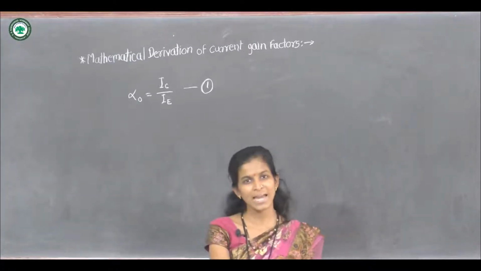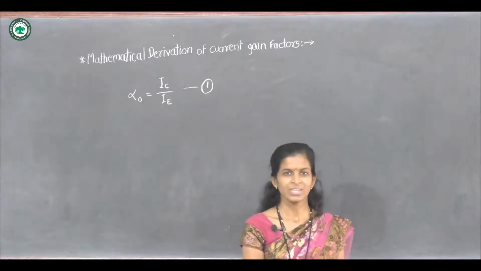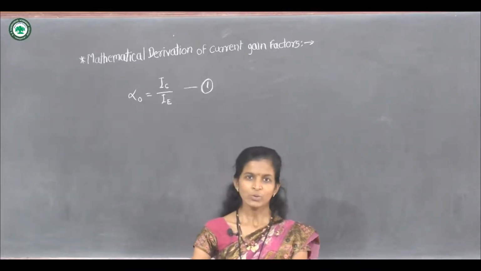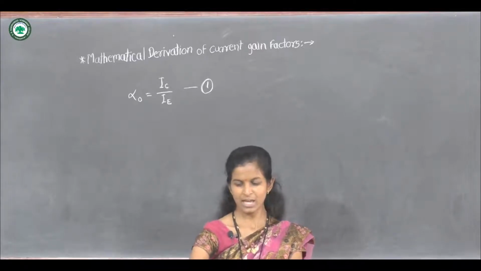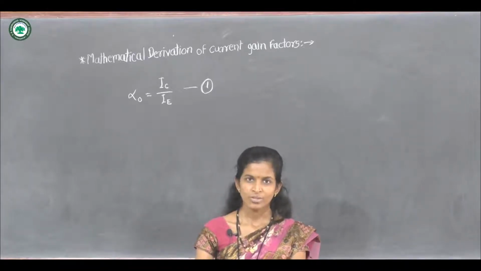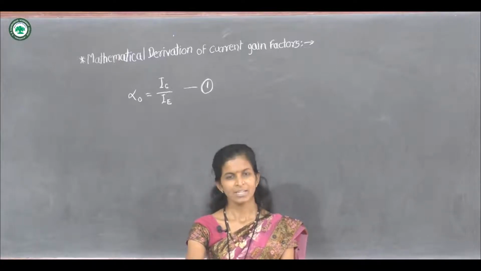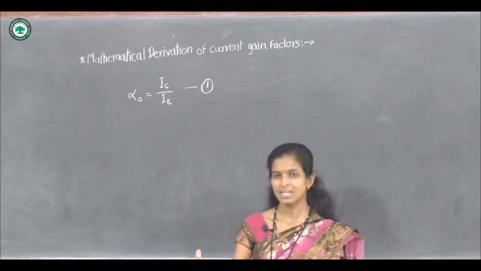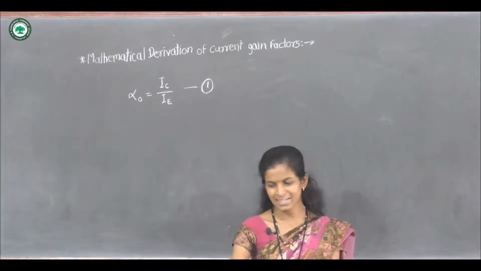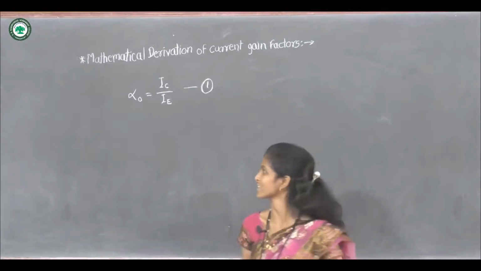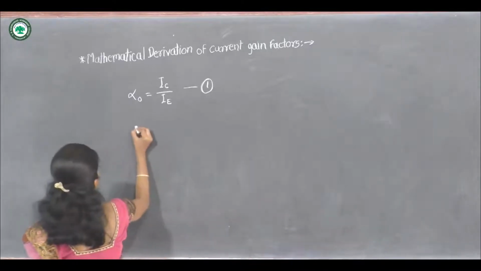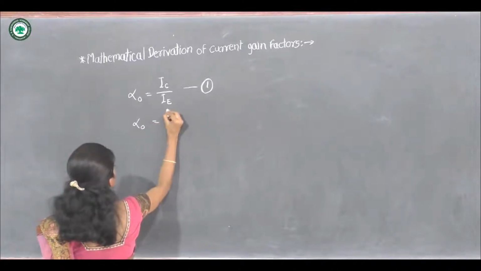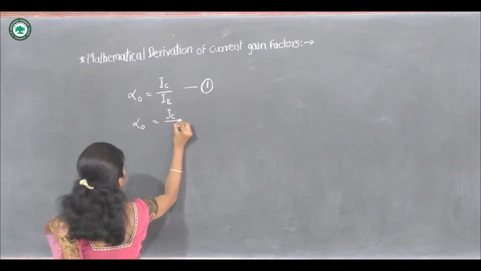If we assume the active cross-section area of the collector and emitter is the same, then we may write this common base current gain in terms of current densities: alpha naught is equal to JC upon JE.